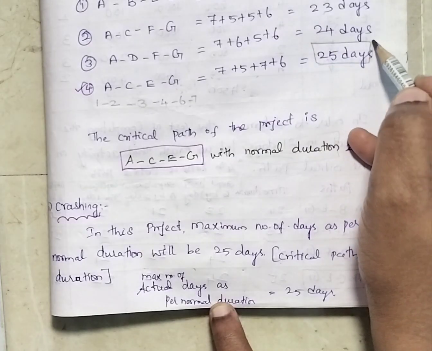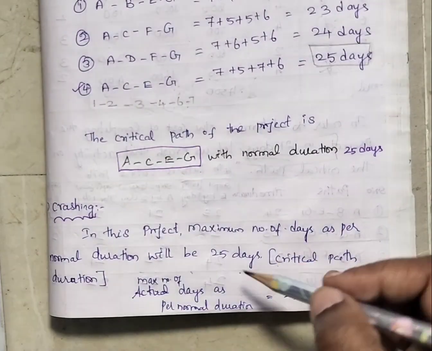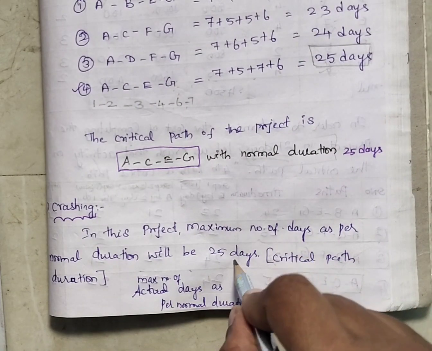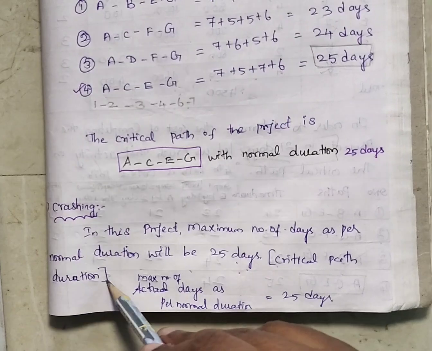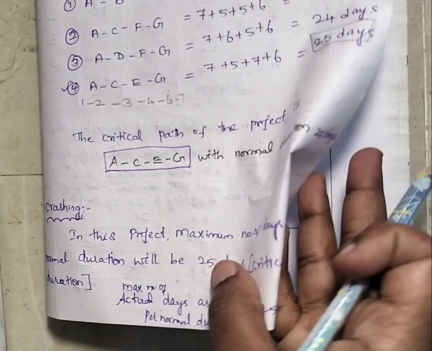So the critical path duration is the maximum number of days for the project, that is 25 as per normal duration.